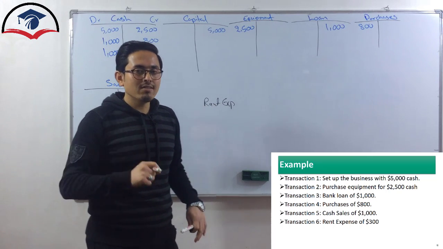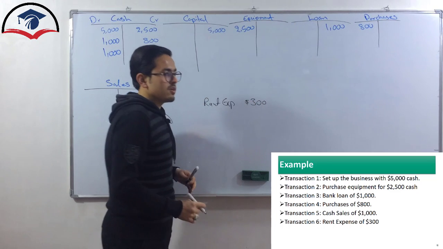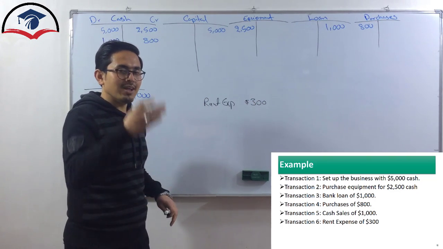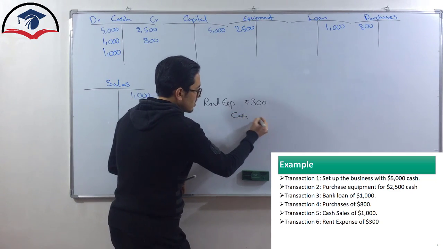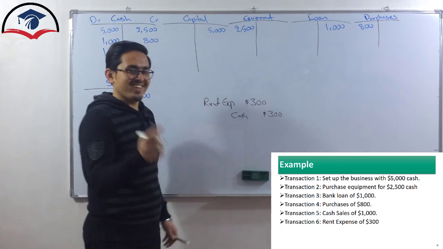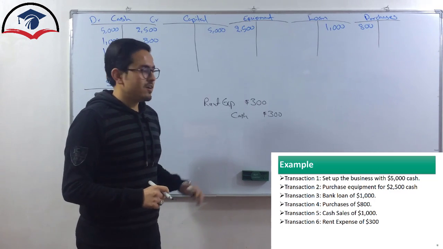For how much? $300. Rent expense will be debited by $300, and on the other side I have paid cash for that, and my level of asset decreased, so cash will be credit. Cash is credit by $300, and this is it.